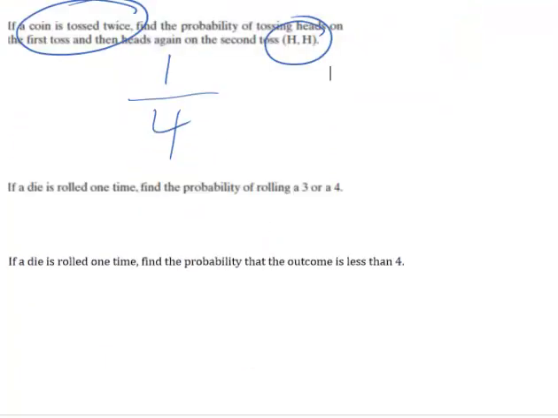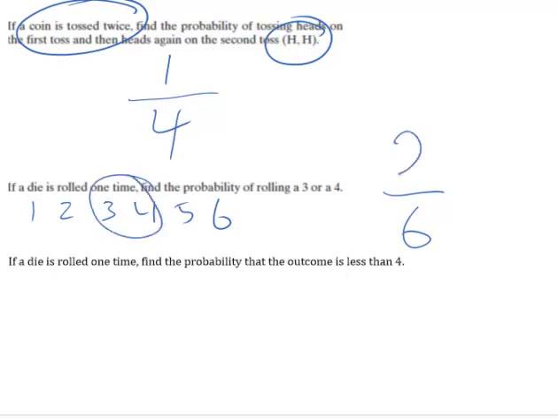Okay. The next part says if a die is rolled 1 time, find the probability of rolling a 3 or a 4. Remember, in rolling a die, we have 1, 2, 3, 4, 5, 6 possibilities. My possibilities here are 6. How many of those numbers are a 3 or a 4? 2 of them are.